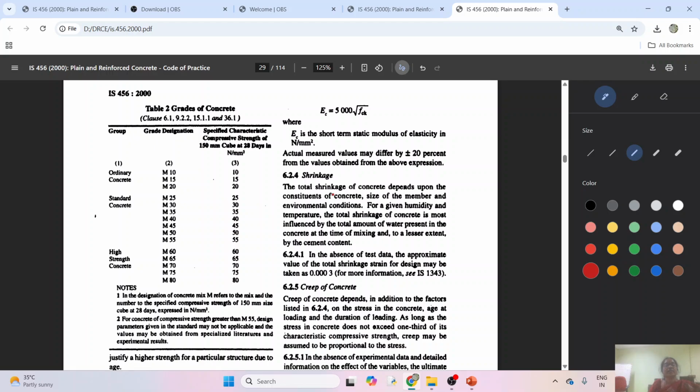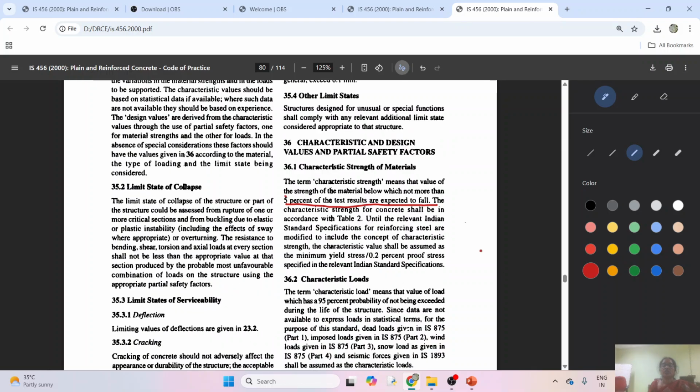Normally the concretes are classified into ordinary concrete, standard concrete and high strength concrete. Already this table we have discussed in the previous session. So this is the grade of concrete and the characteristic compressive strength of the concrete. Normally in reinforced concrete there are two materials, one is steel and another one is concrete.